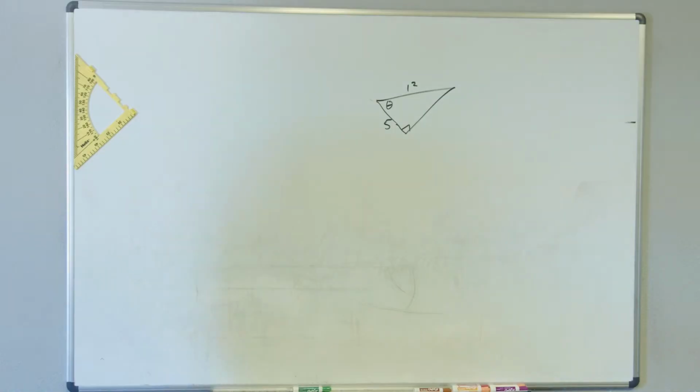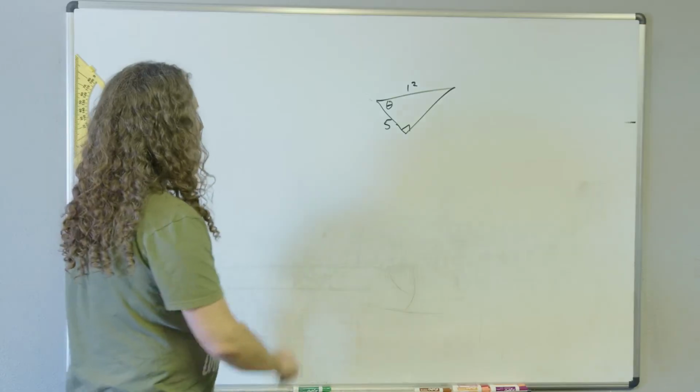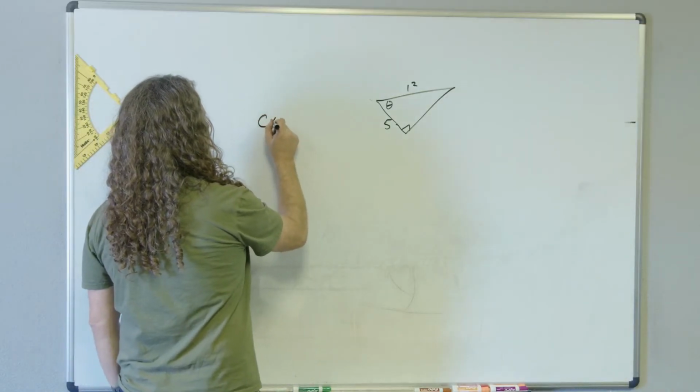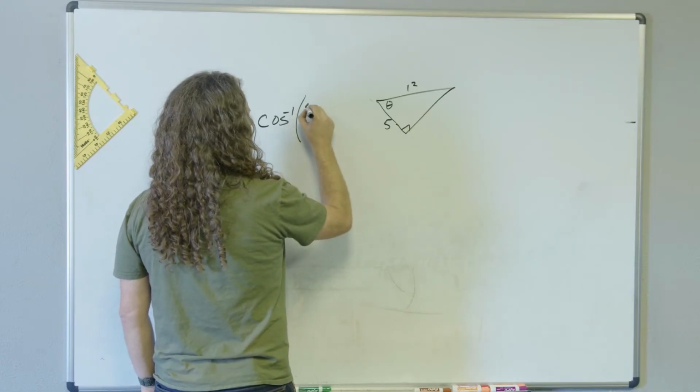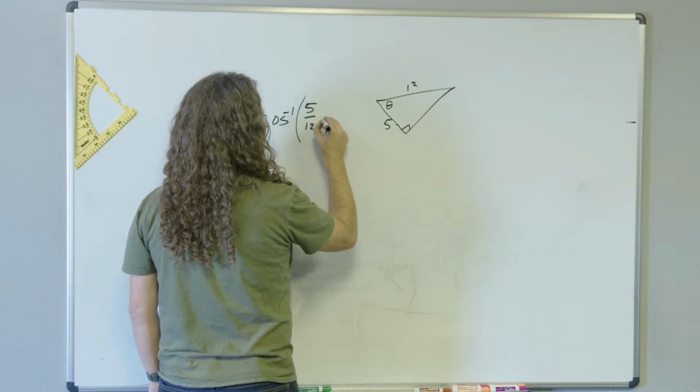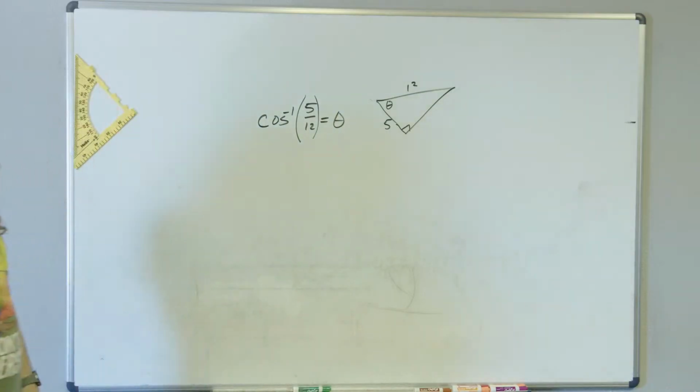So, what trig function are we looking at? This is adjacent over hypotenuse, so it's cosine. So the inverse cosine of 5/12 equals the angle. And then you shove that in your calculator and push enter.